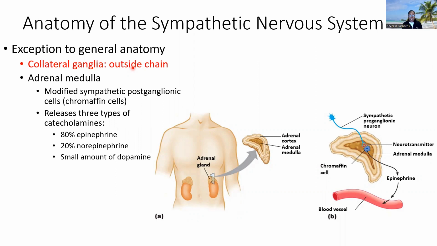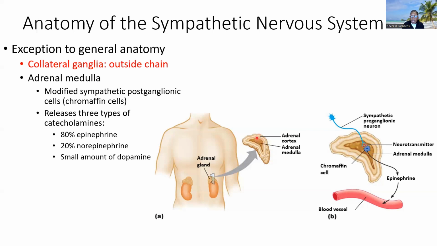Now the adrenal gland, just to kind of zoom out here and talk about where this gland is, these are 2 endocrine glands that are located above the kidney, so they're bilateral, and they are basically divided into 2 different parts. There's the adrenal cortex, which is going to be involved in cortisol release and aldosterone release. We'll talk about that when we look at the endocrine system.